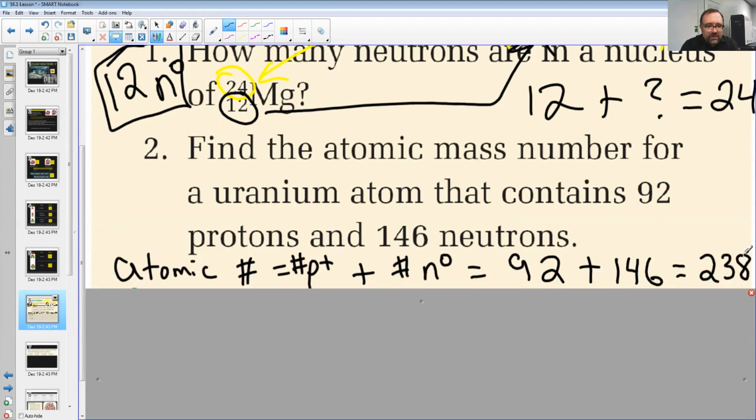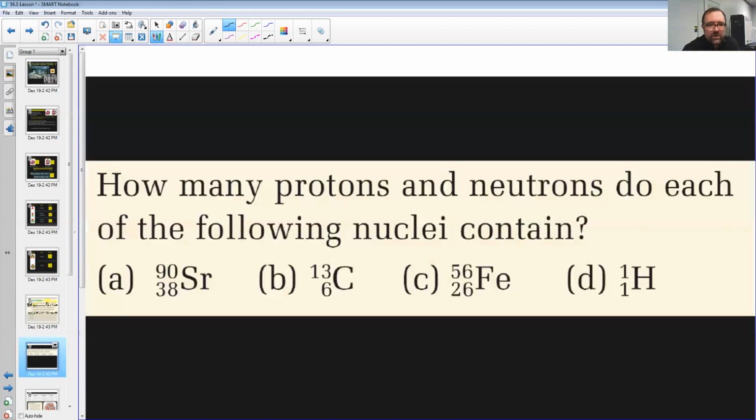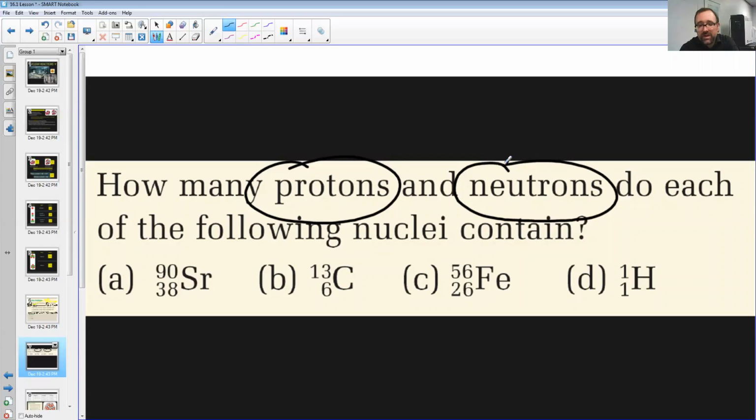So with that, I'll give you a moment or two to complete the following yourself. I will stop for a second here, and then you can try the following. There are 4 questions you need to try here. How many protons and neutrons do each of the following nuclei contain? Keep in mind, you need to figure out both protons and neutrons. Protons is the easy one, but for the neutrons you might have to do a little bit of math.